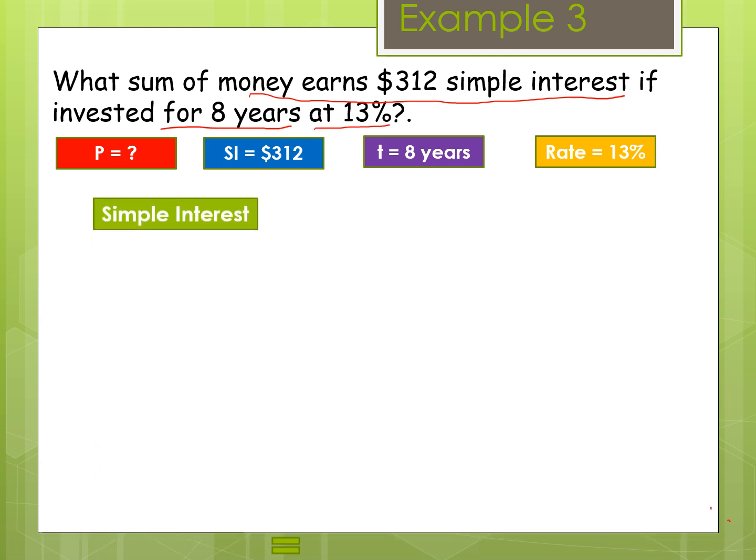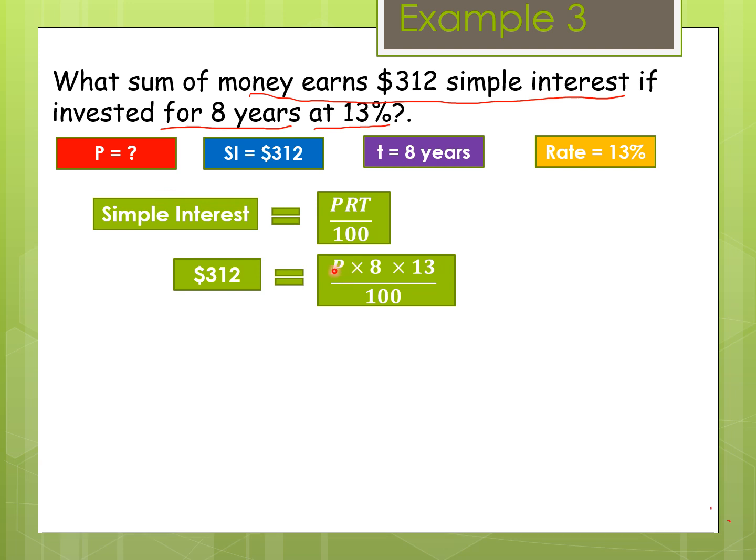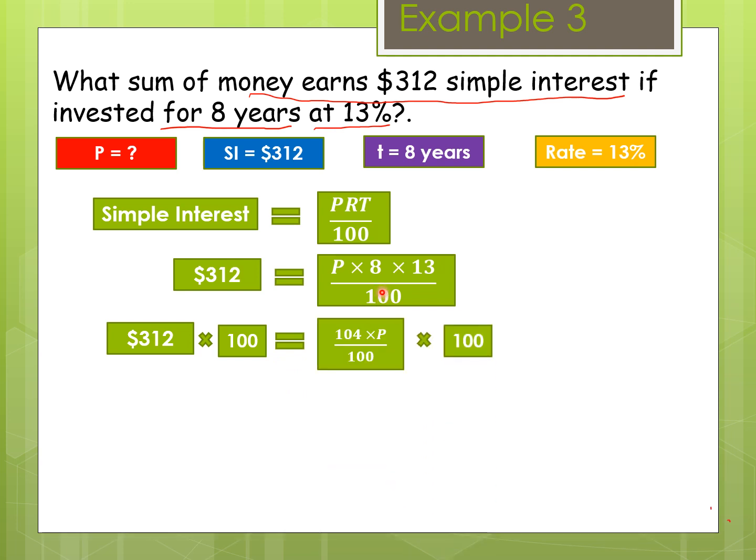So let's substitute now. Simple interest is equal to PRT over 100. It's always good to write down the formula first, then substitute. Simple interest, $312 equals, we don't know the principal, so P times 8 times 13 over 100. Again, we want to get rid of that denominator of 100, so we're going to multiply both sides by 100.